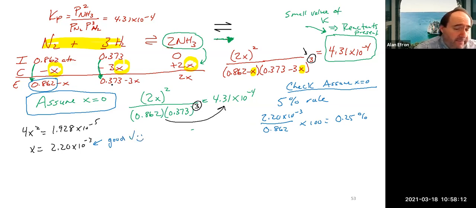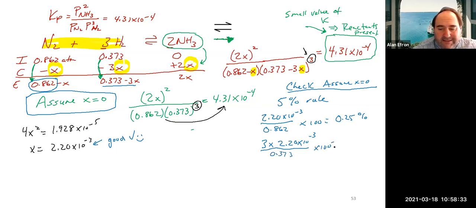You could actually do it for both if you like. You could put it into here as well and see what you come up with. To be honest with you, in most cases, if one of the checks works, the other one is probably going to be good to go as well. So we'll put that in there too, multiplying by the 3 and times 100. Like I said, usually if one's good, the other will be good as well, and we can see it also is less than 5%.